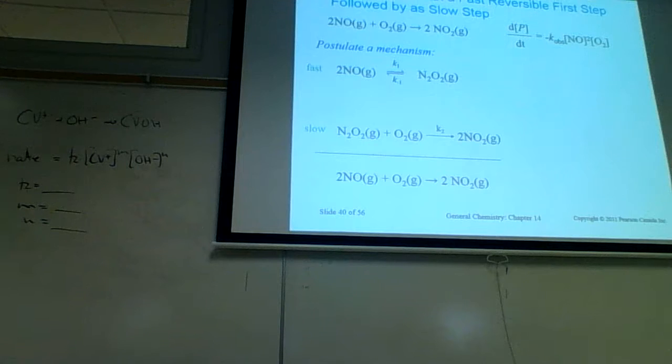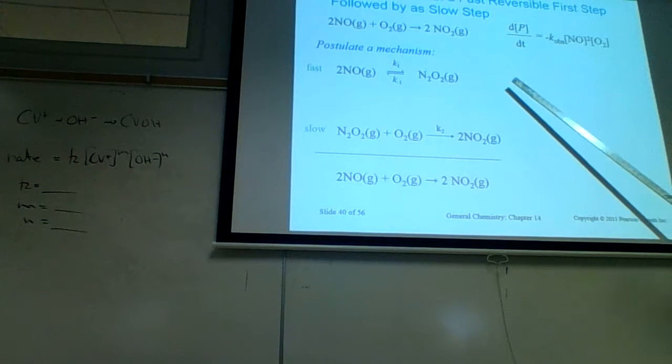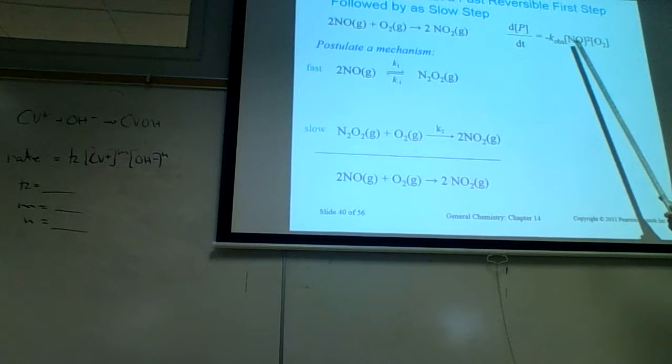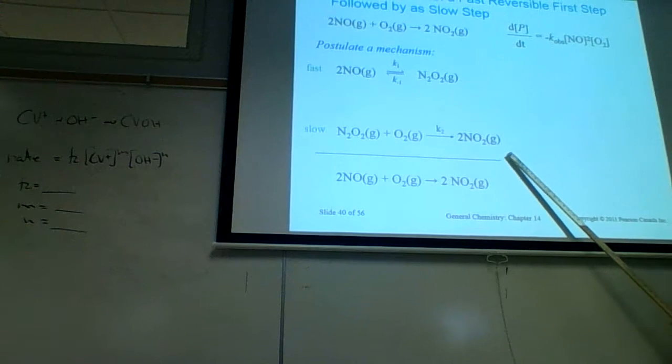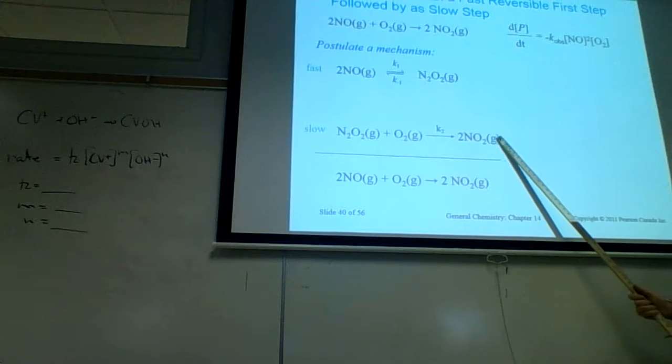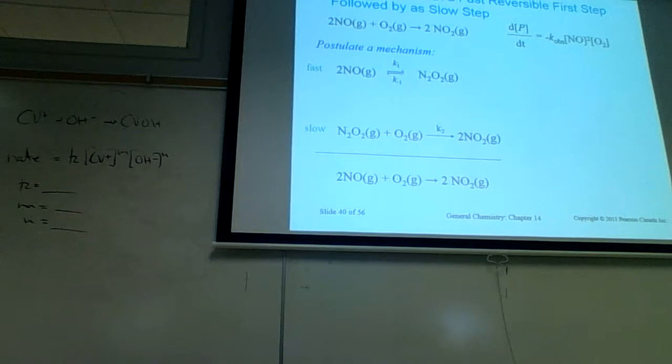And second, the rate law that we get from this proposed mechanism has to agree with the rate law we get from experiment. So what is the rate law that we get from this? Well, the rate law is going to be the rate of the slowest step, which is the rate-determining step that we have here.